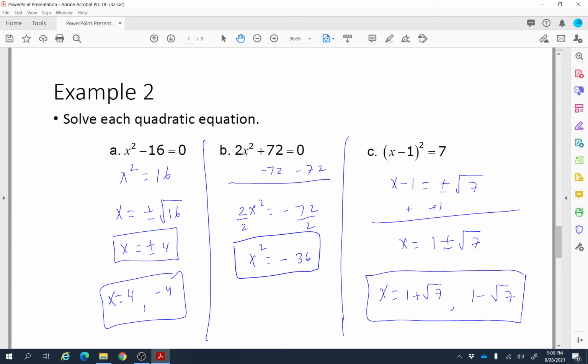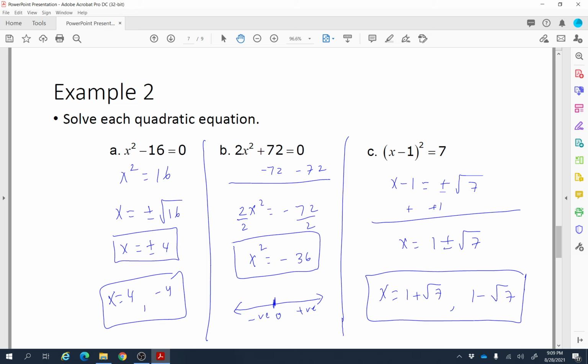Keep in mind, we're trying to find any real number x whose square is negative. But for any real number, whether it's 0 or any positive number or any negative number, if you take the square of that number, it should always be positive or 0. For 0 it's 0. Other than that, for any negative number or positive number, the square is always positive.